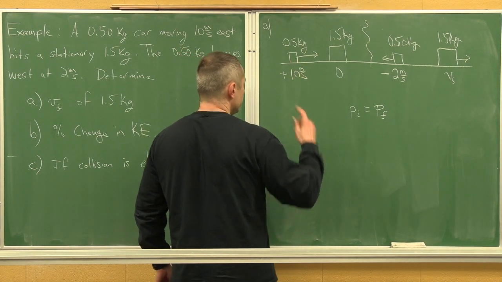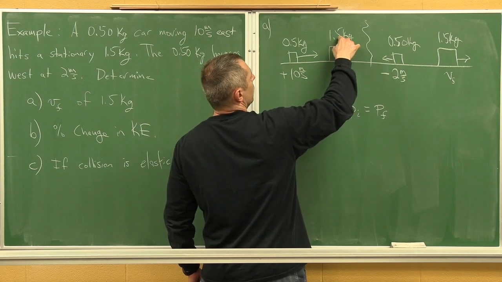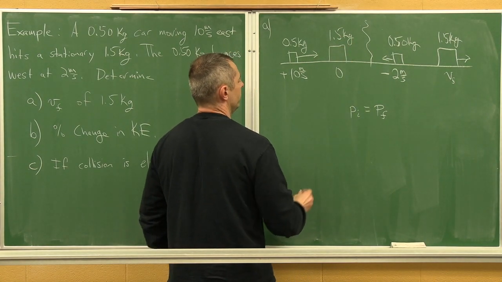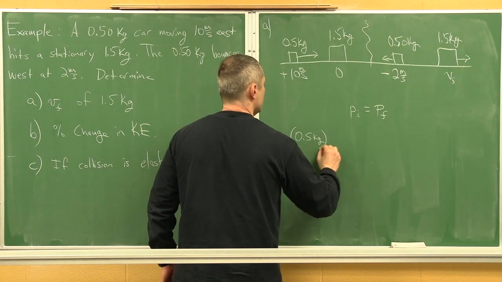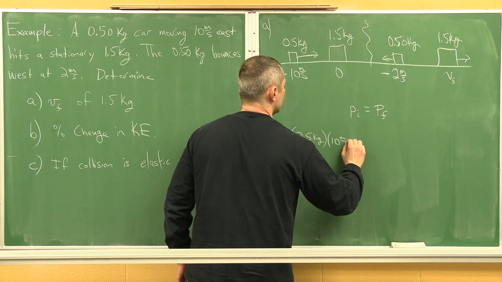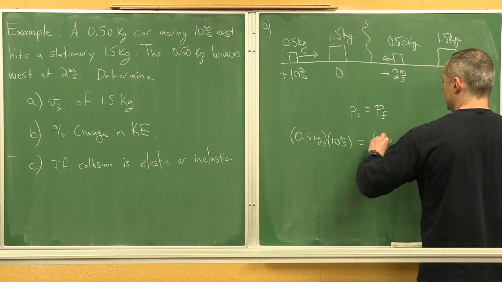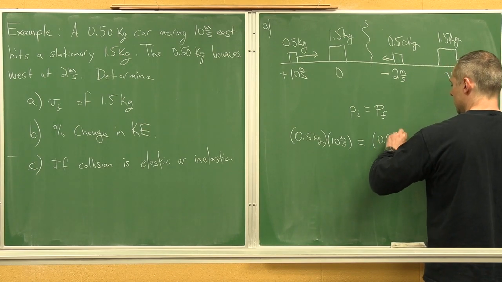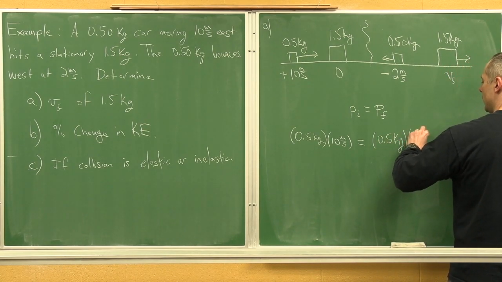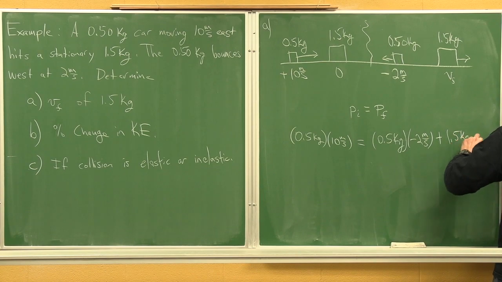We're going to do momentum of the system before. The only thing moving is this. This has no momentum. 1.5 times 0 is 0, so we don't even have to factor it in. We're going to go 0.5 kilograms times 10 meters per second equals, on this side, 0.5 kilograms times the negative 2 meters per second plus this mv, 1.5 kilograms v final.